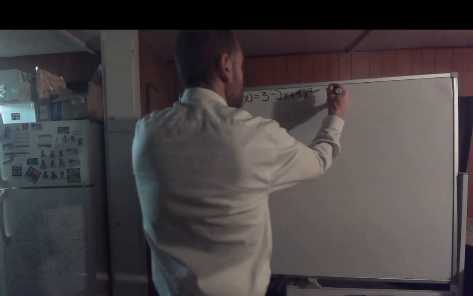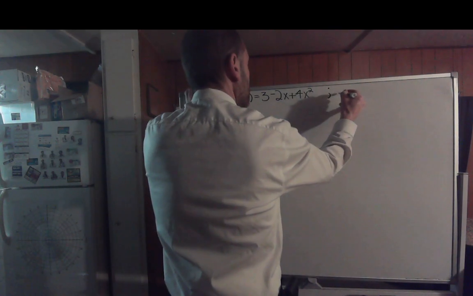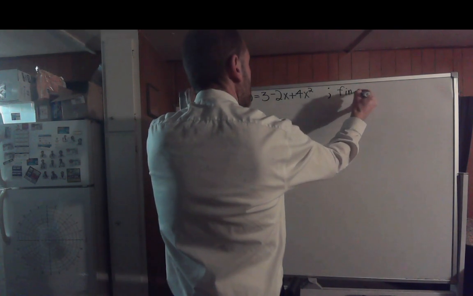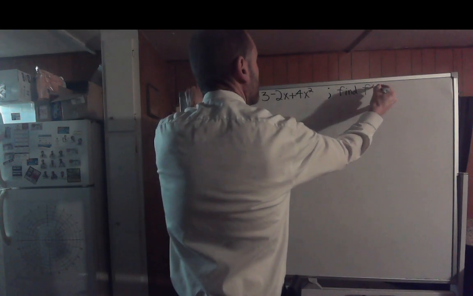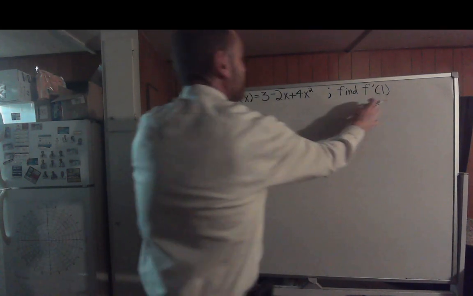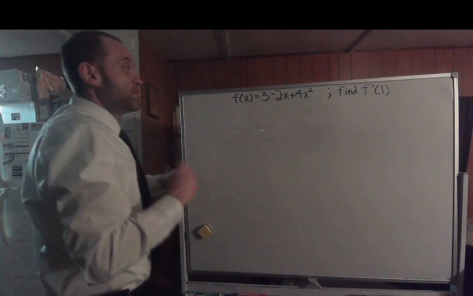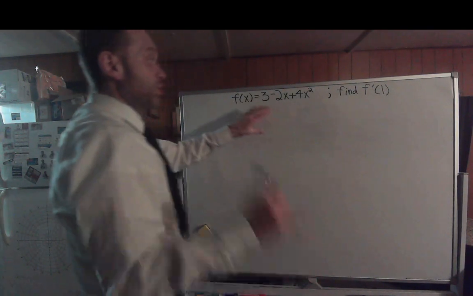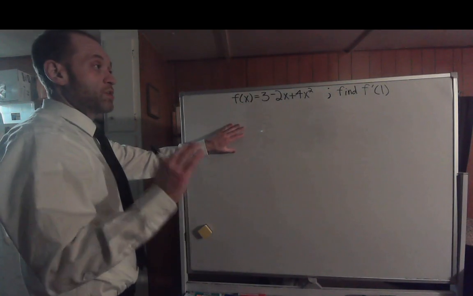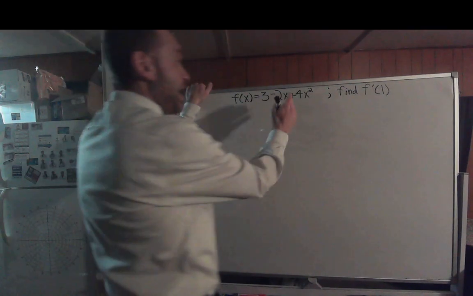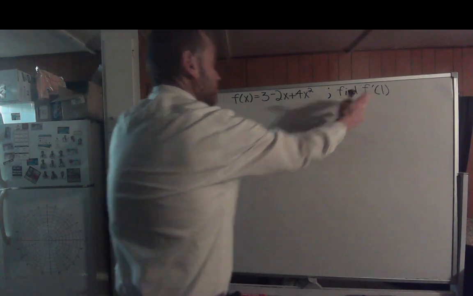They want us to find f prime of 1. We're going to find f prime of 1, meaning we're going to find the derivative or the slope of the curve at the given point where x equals 1.